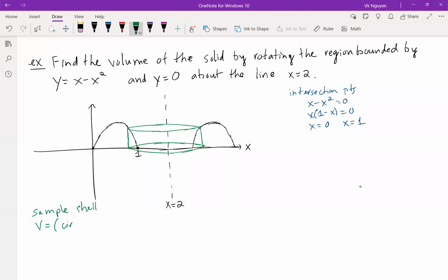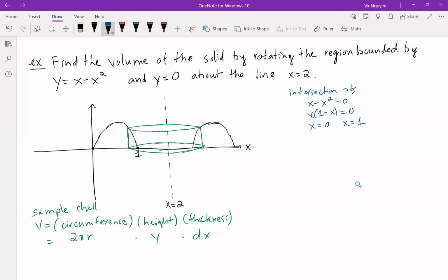Volume is circumference, multiplied by height, multiplied by thickness. Okay, circumference is 2 pi r. Height is y. Thickness is dx. Now, same thing here. We integrate with respect to x. So we have to write everything in terms of x.